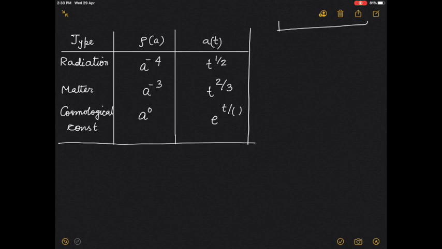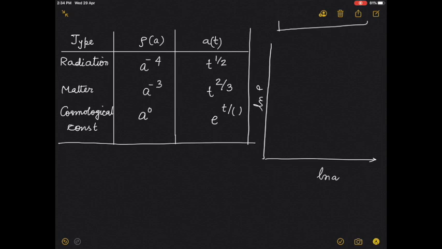Okay. So for different times in the universe, rho and a change differently. Let us try to plot this. Let me plot here first, log of a versus log of rho.